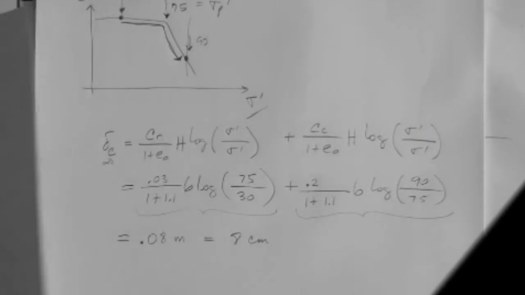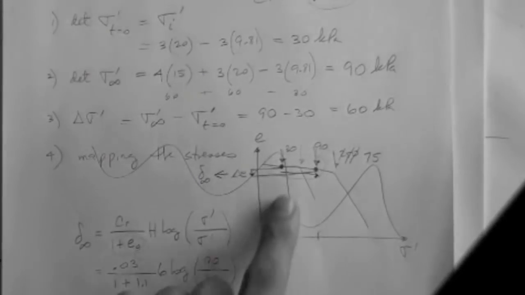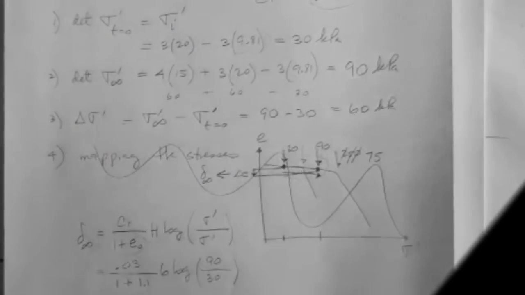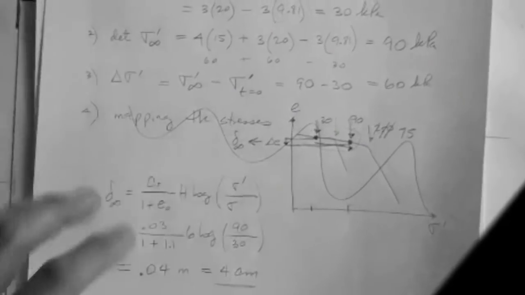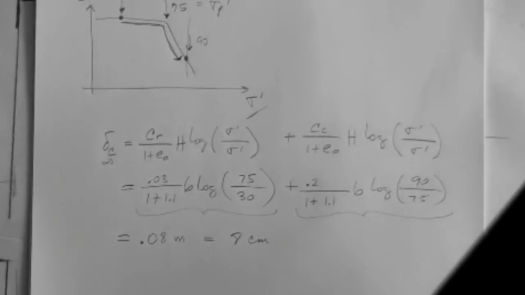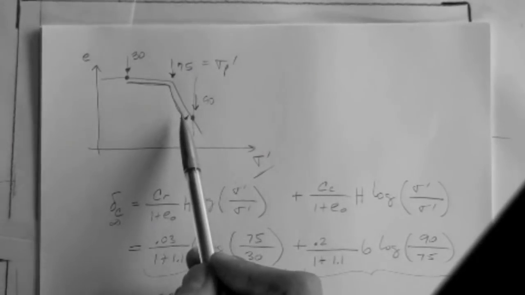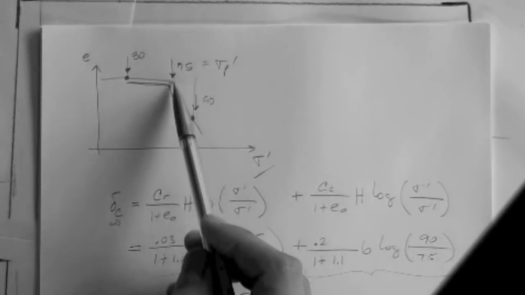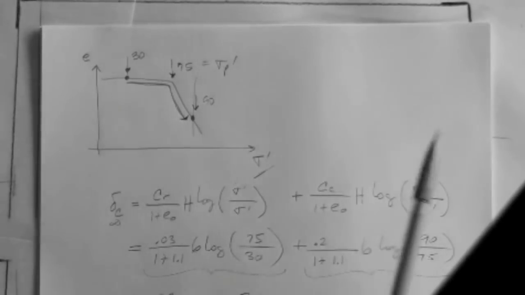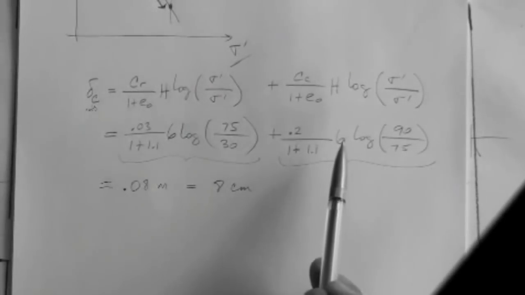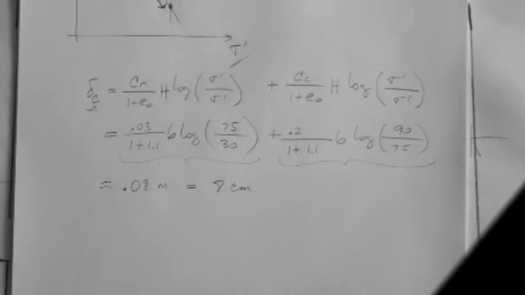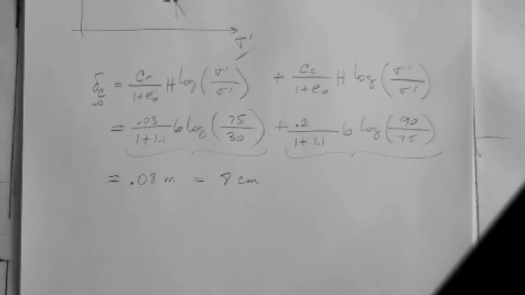In one of them you use only the first portion of the curve, therefore the equation just has the first portion. And in the second example, because the stresses are mapped in this format, with the sigma p prime in the middle of the deformation process, you end up using both portions of the equation, first portion and second.